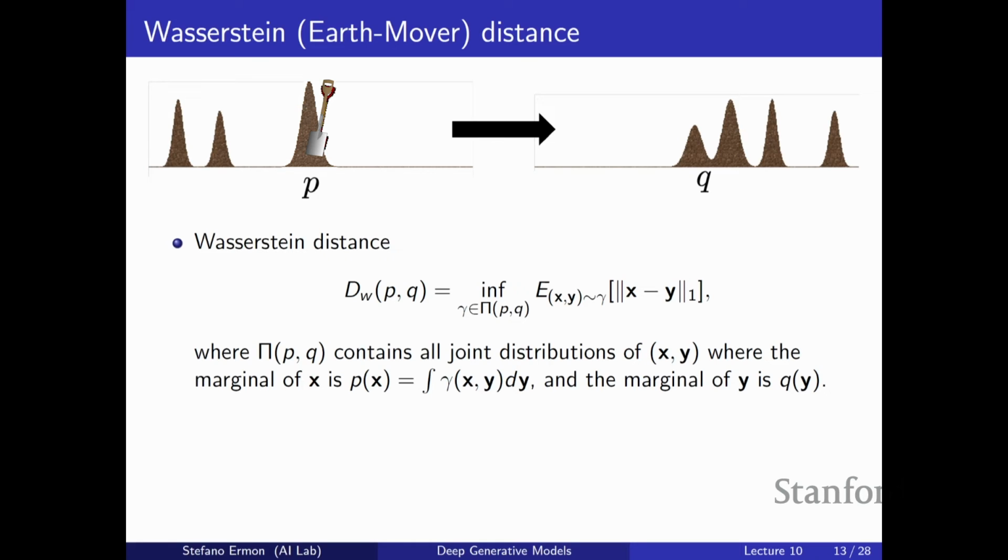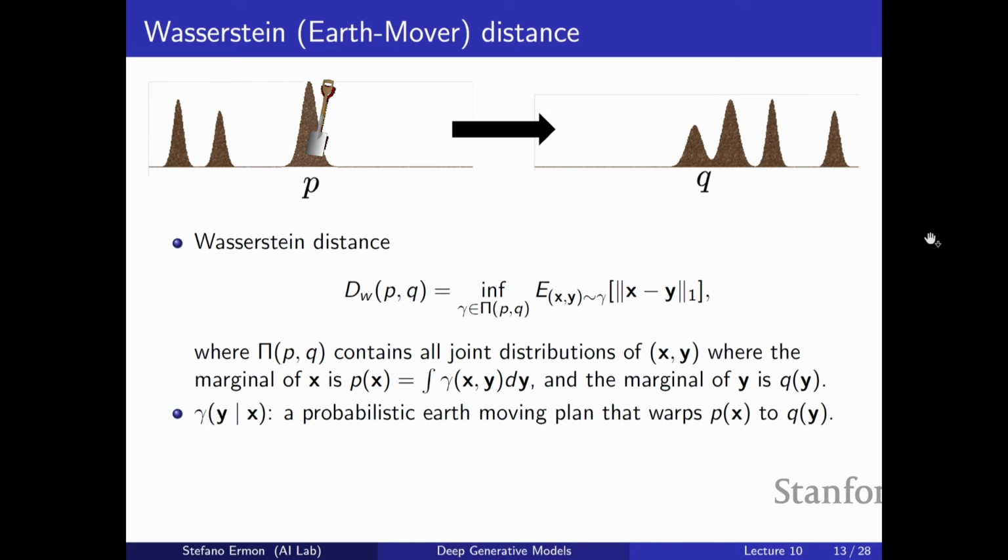And this objective function here is telling you the cost of moving earth from x to y. Equivalently, you can think of the conditional distribution of y given x as telling you which fraction of the earth that I have at location x I am going to move to the different y's.